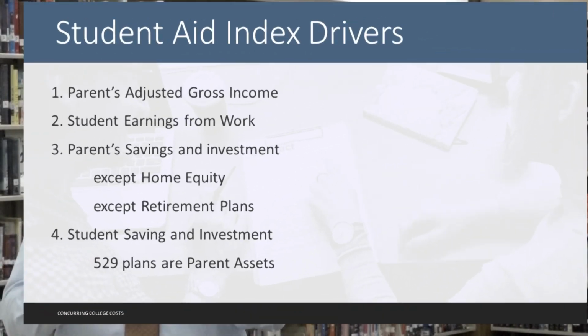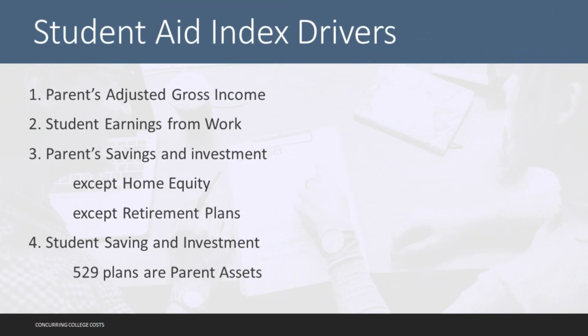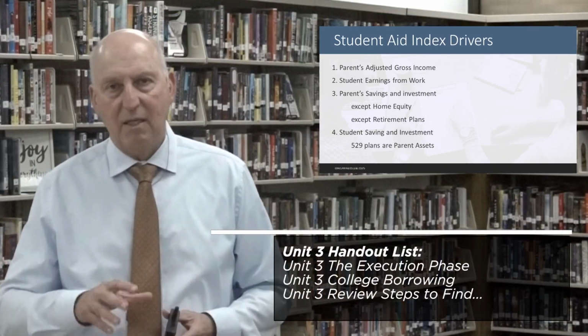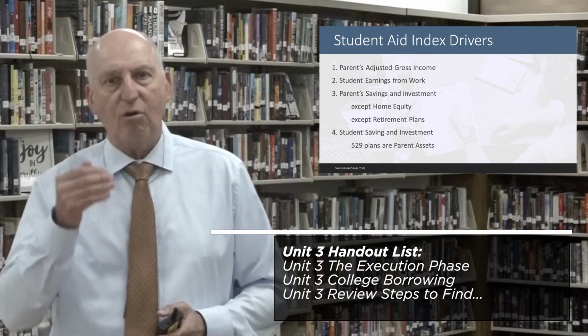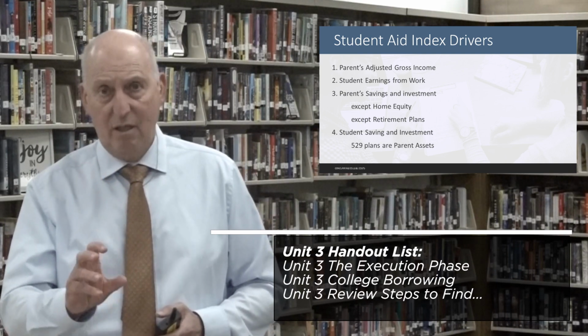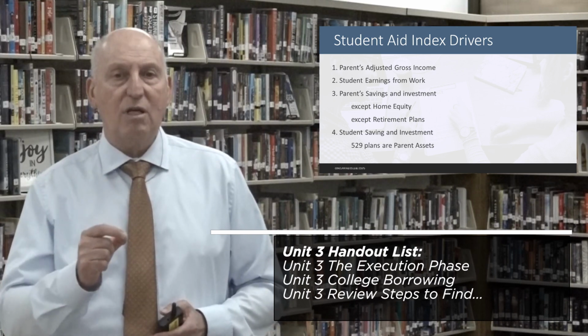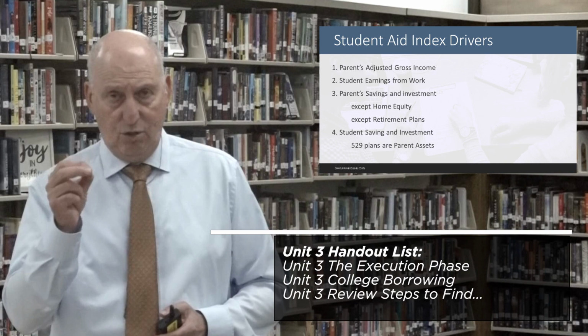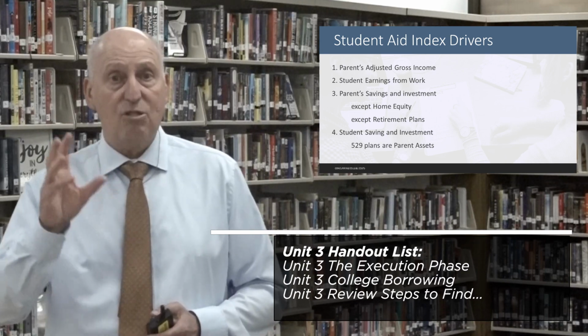The third category that is going to impact this student aid index is the parents' savings and investments. But the first thing you need to know when you go to this line item on the document is there are certain categories of savings and investments that should not be recorded. Those particular categories are the equity of one's home and the value of any retirement plans you own.